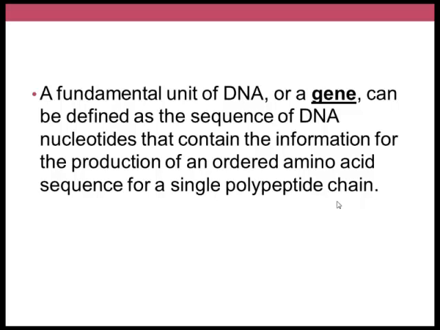So it contains the information for the production of a single polypeptide chain, not a single amino acid. So it gives the code for synthesis of a certain polypeptide chain with an ordered amino acid sequence.